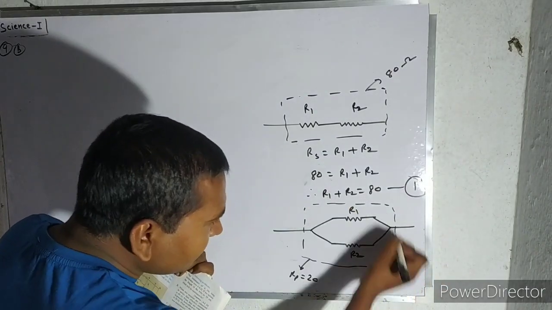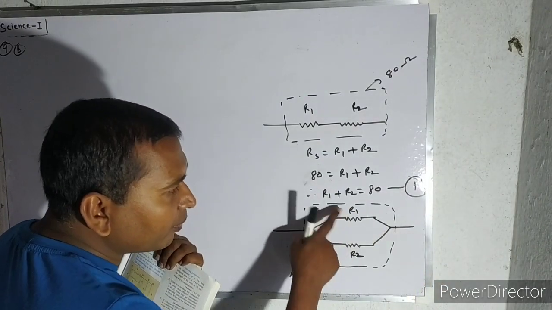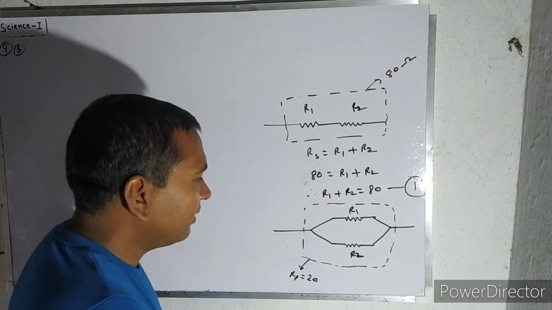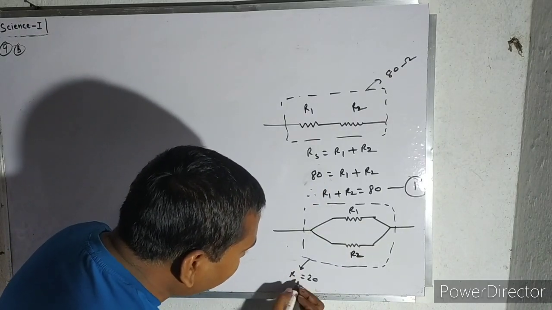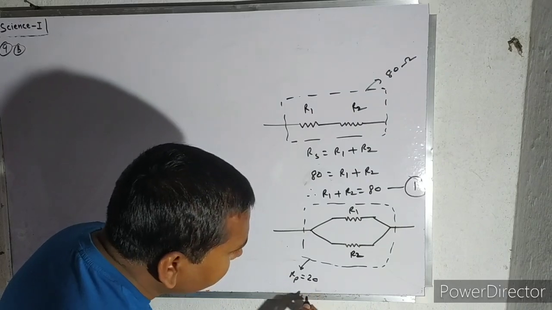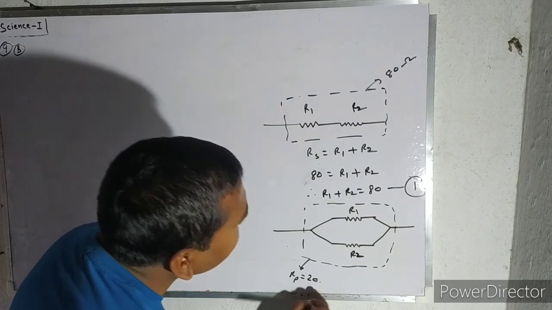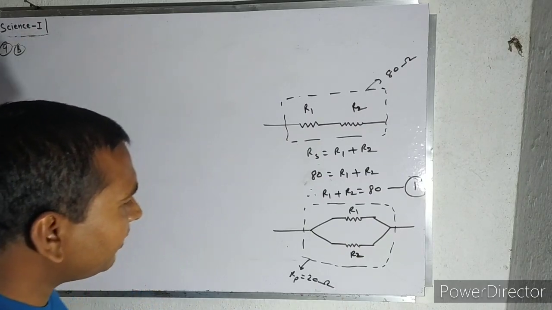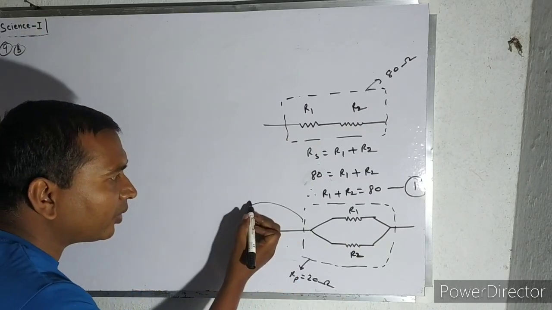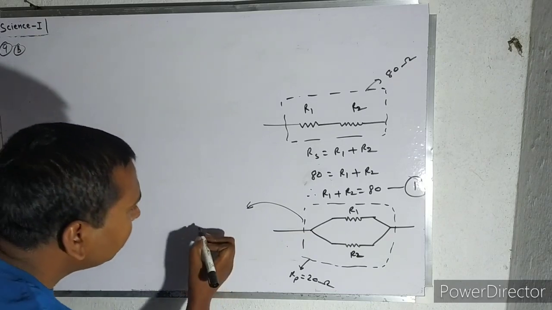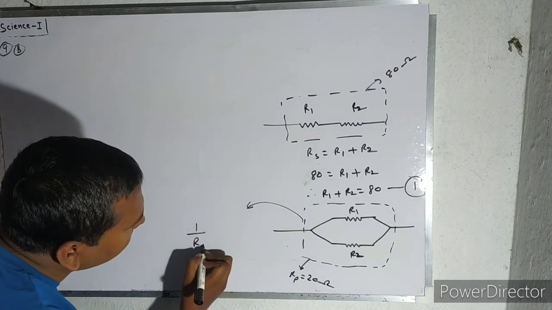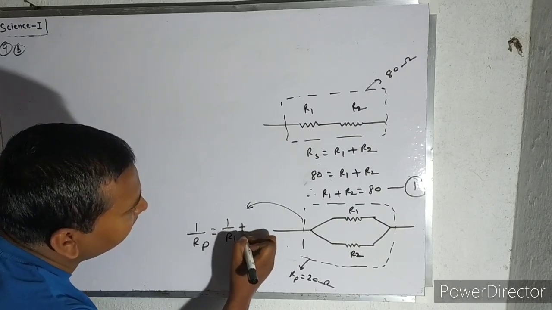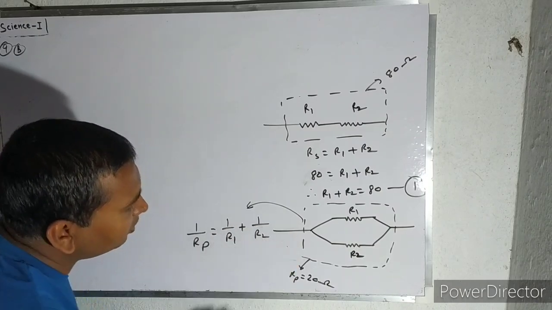And the effective resistance when R1 and R2 both are connected in parallel, in that case Rp is equal to 20, right? Only 20 ohm. And we know that 1 upon Rp is equal to 1 upon R1 plus 1 upon R2.